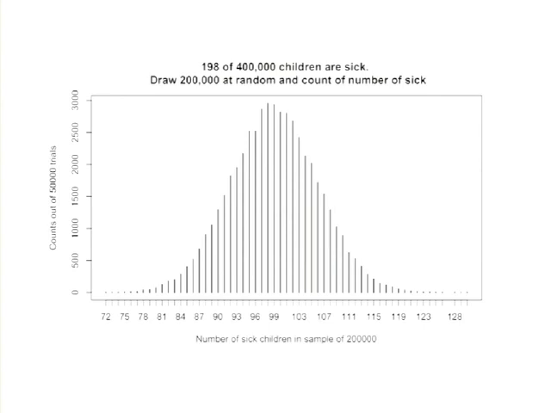So where's 56? It's not there. In my 50,000 repeats, I didn't once get a group of 200,000 kids that had as few as 56 kids in it. The smallest was 72. So out of my 50,000 repeats, each time pretending I was doing the experiment, I never got even close to as few as 56 kids of the 198 sick kids in my group.